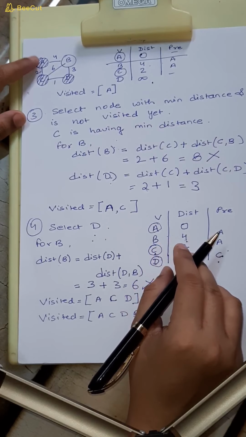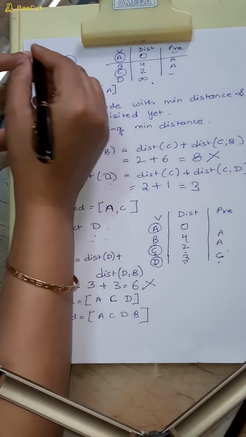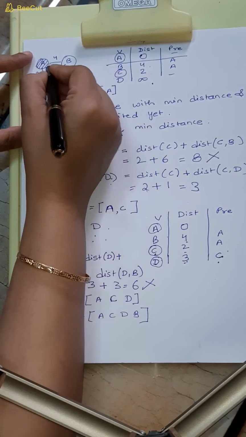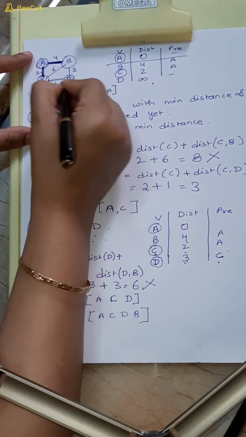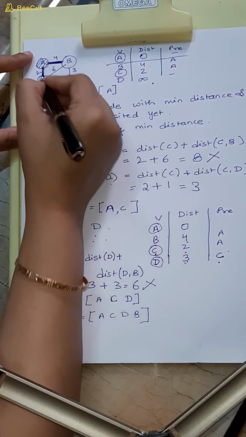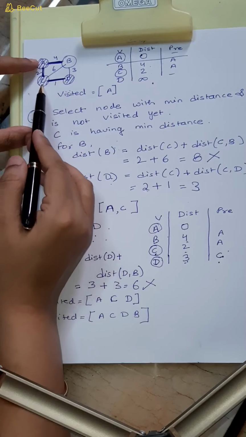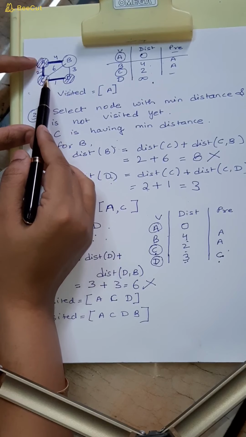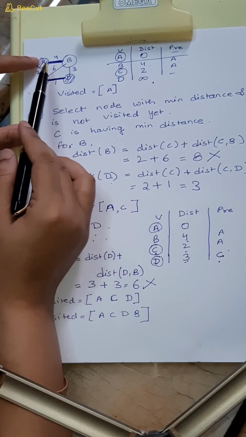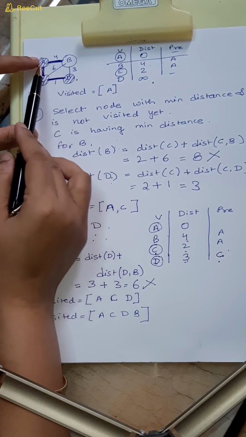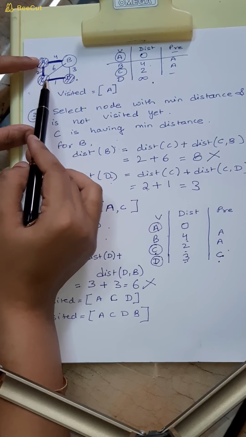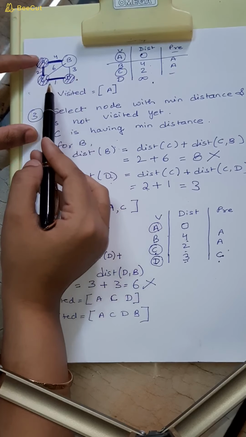Now you can see from A to B this is the shortest route, from A to C this is the shortest route, and from A to D this is the shortest route via C. Now as we discussed about the principle that if we are having A to D as the shortest route, then A to C will also be a shortest route. So this principle is existing over here.